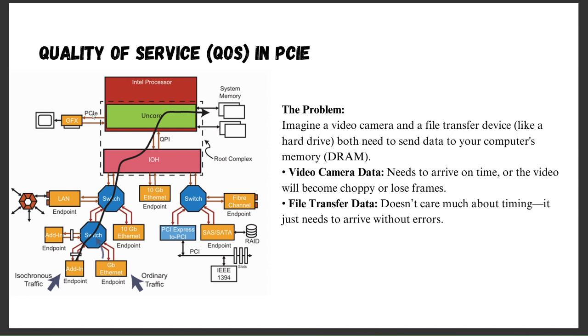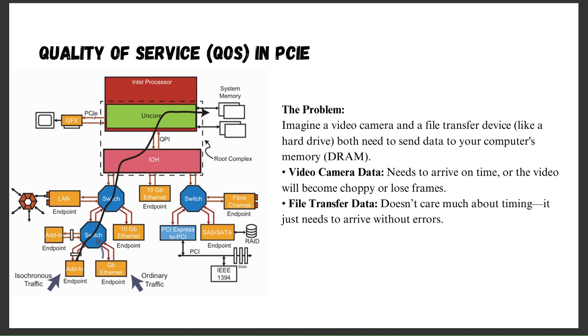So, what improvement happens with QoS? The video packets are given a higher priority, or you can say a higher traffic class. The system ensures the camera gets enough bandwidth and fast delivery, while the other data waits if needed. So the video stays smooth and the backup still completes.